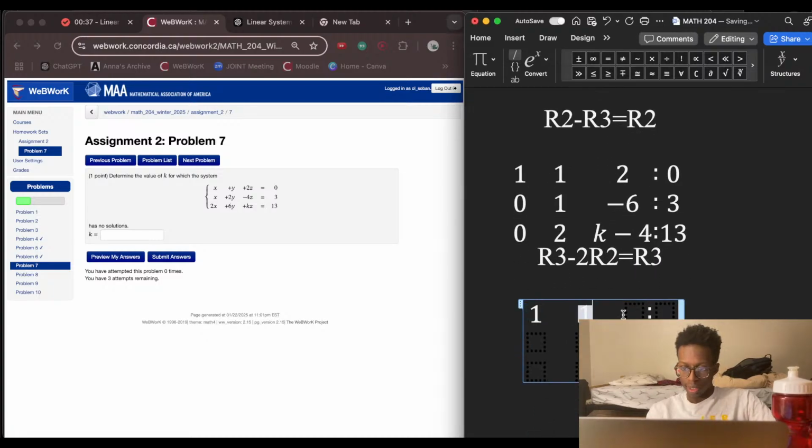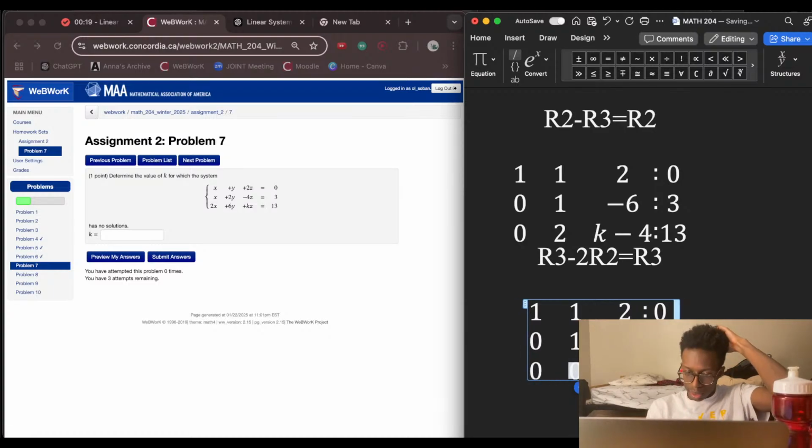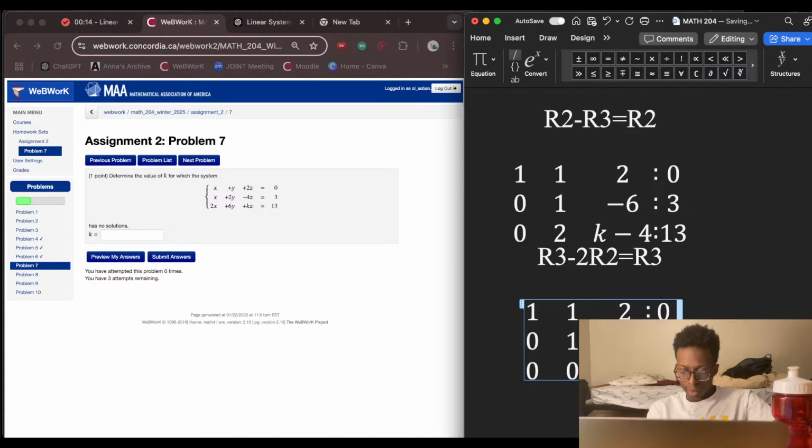So then you go 1, 1, 2, come on, 0, then 0, 1, negative 6, then 0, 0, k minus 4 minus 6, no, plus 6, plus 12 actually.